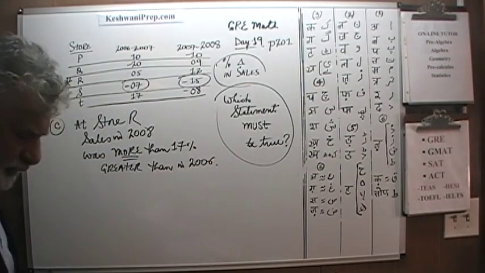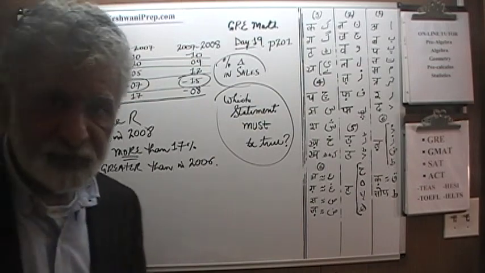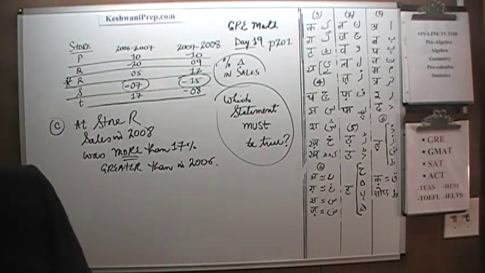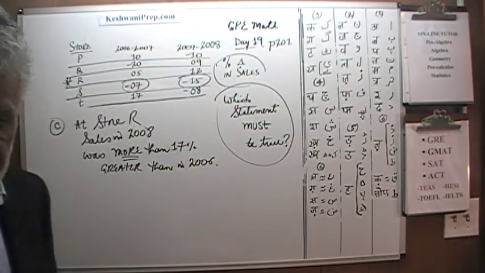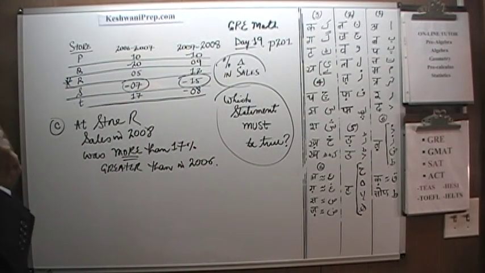Let's see if this is true or not. In the first two statements, I forgot to ask you to pause the video. You should do it on your own, even if I don't say it. Pause the video and look at it, analyze it and see if this is true. Let's take a look at it.